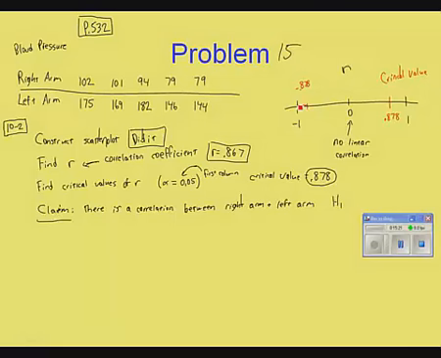Right? So these are what you call your critical regions. So you look at your test statistic. If your test statistic is in the critical regions, you'd say there is a linear correlation. If your test statistic is here, you'd say there's no linear correlation.